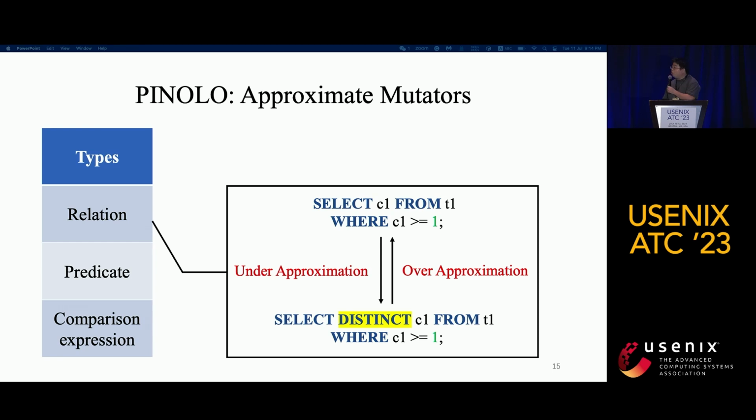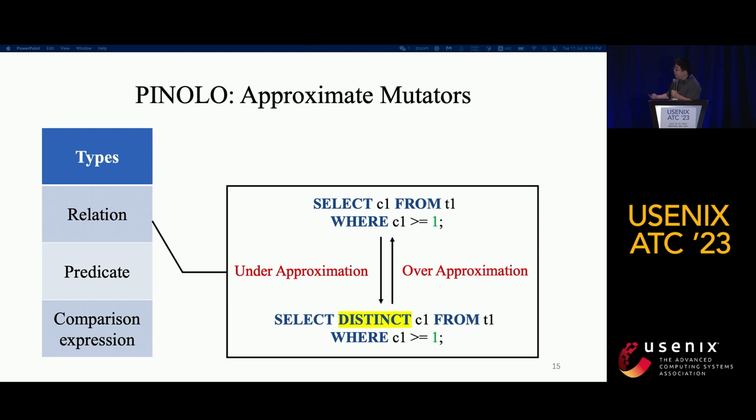And now I will give more illustrations about how we can mutate the seed queries. Specifically, our mutators can be divided into 3 categories. The first category tries to mutate over some relations. So here is an example. If we want to achieve the under-approximation of the original query, we can just add the keyword distinct so that we can remove some duplicated values from the result.